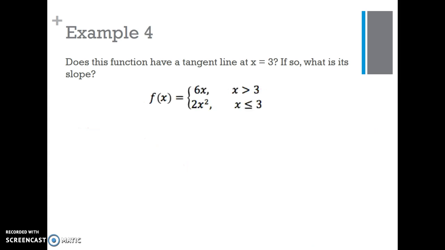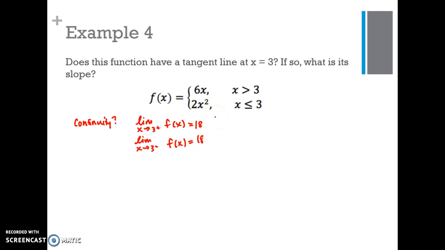Okay, so we did a minor adjustment, and I trust that this adjustment would make this function continuous, but let's prove that to ourselves. So the limit as x approaches 3 from the positive direction is still going to be 18. And the limit as x approaches 3 from the negative direction is going to be 2 times 9, which is 18.